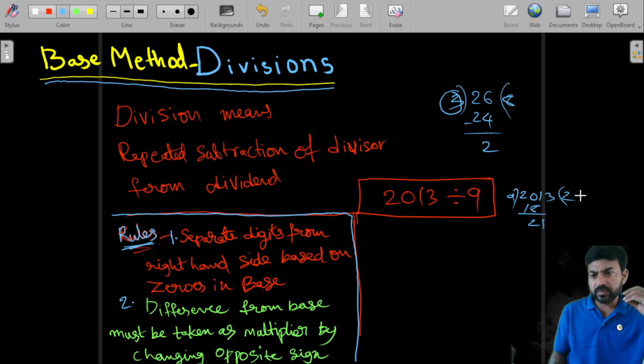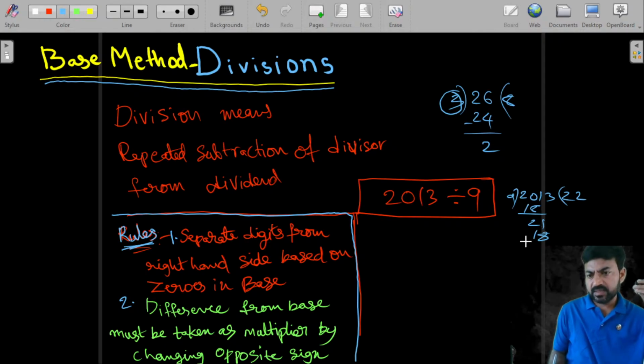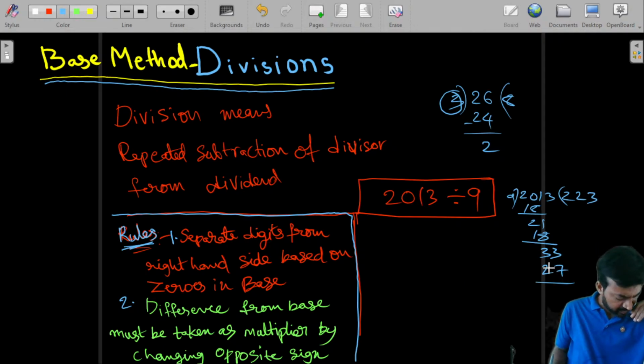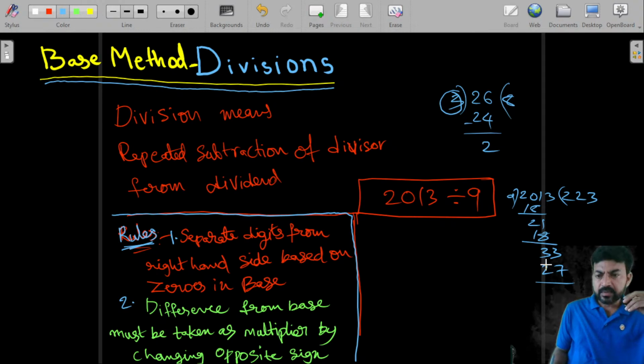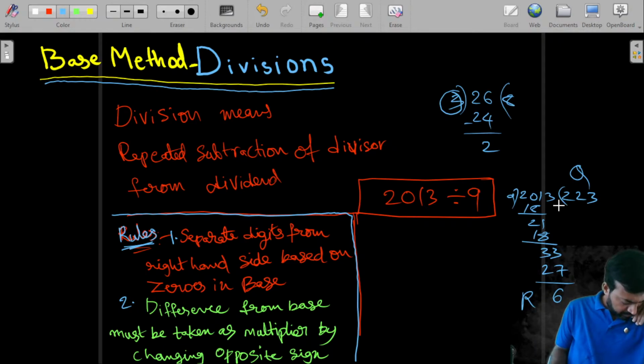You can bring down 1. 9 2s are again 18. Remainder is 3. You can bring down 3. Here 9 3s are 27. What happened, Darshit? 9 3s are 27. So remainder is 6. This is the remainder. This is the quotient, double two three.